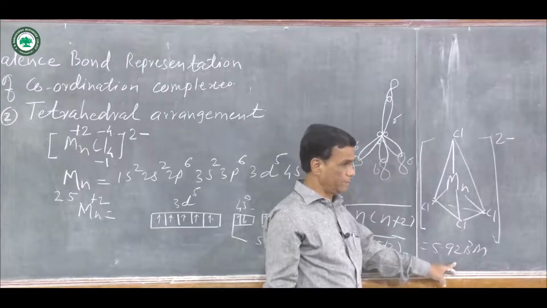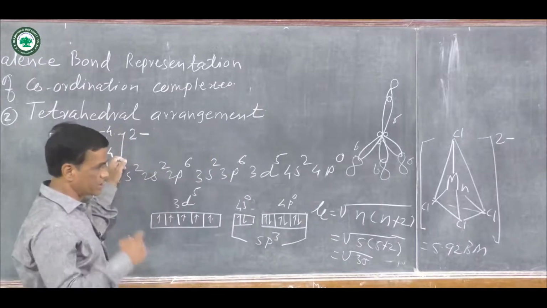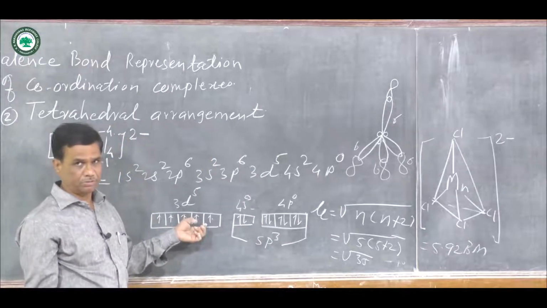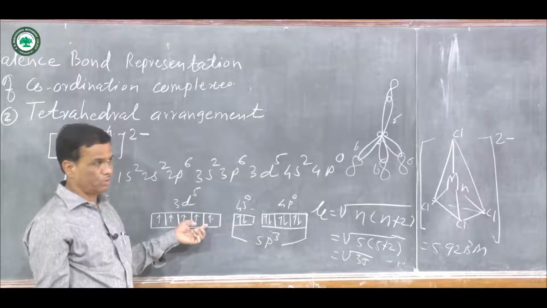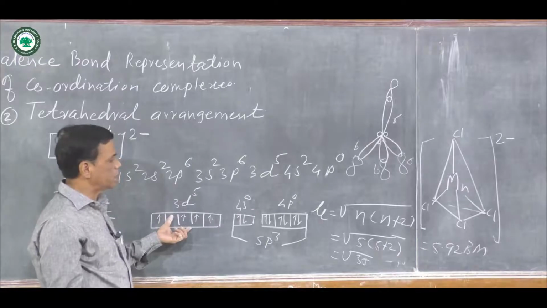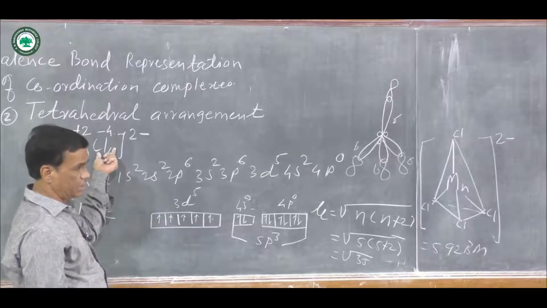This suggests that in the MnCl4 2- complex ion, there are 5 unpaired electrons. When 5 unpaired electrons are present, this complex ion is paramagnetic in nature.